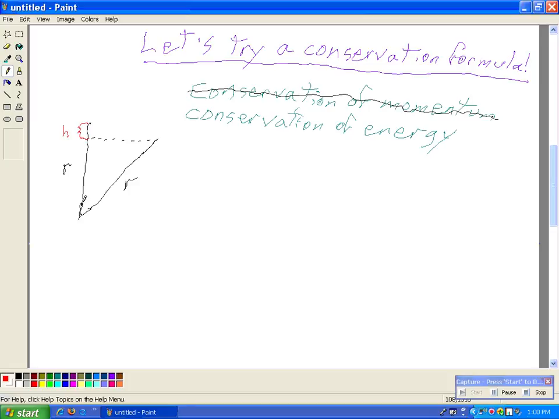We know that this is theta, or theta is what we're trying to find, really. So, to find the drop in height, h equals r minus r cosine theta.